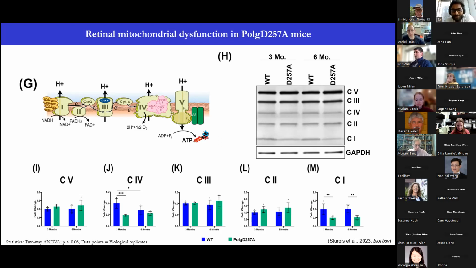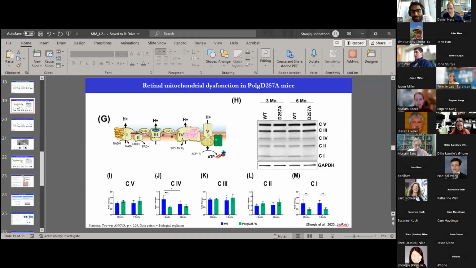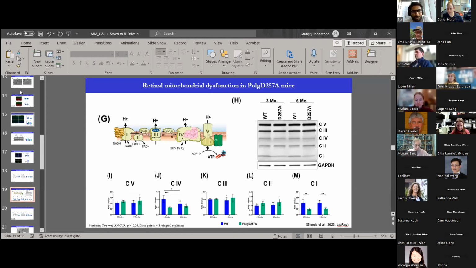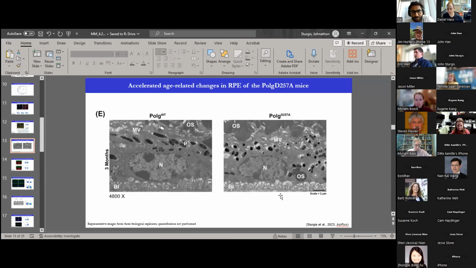Hey, John. Thanks for the great data. I really love your talk. What I noticed was that in the RPE ultrastructure data, what you called vacuoles actually look like lipid droplets to me. Would you expect, with your mutations, that there would be lipid accumulations?